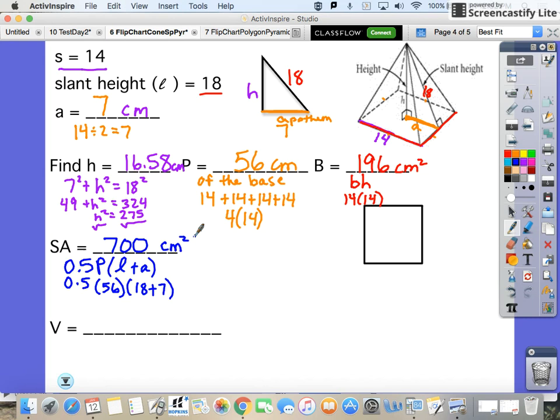And then last is the volume. So volume, what we're going to do is base times height divided by 3. Area of the base times the height divided by 3. So for us, the area of the base was 196. The height was right here, 16.58, divided by 3.